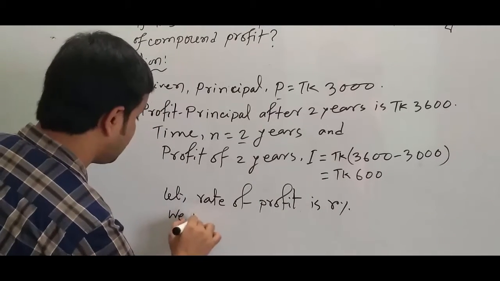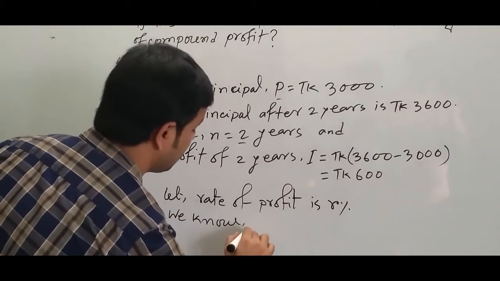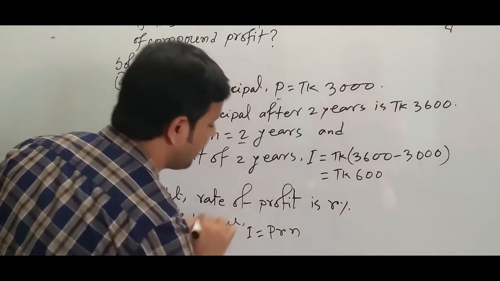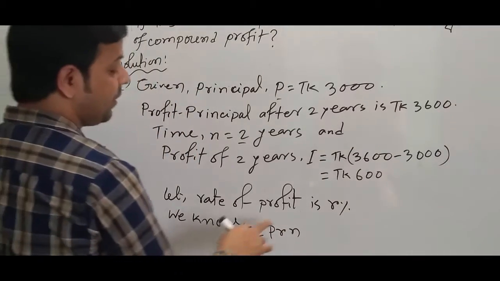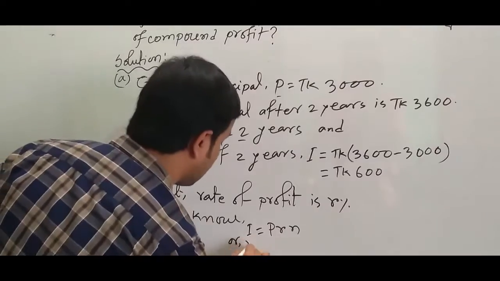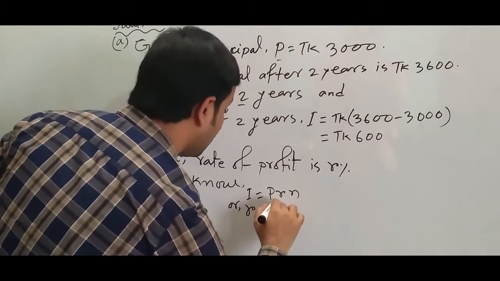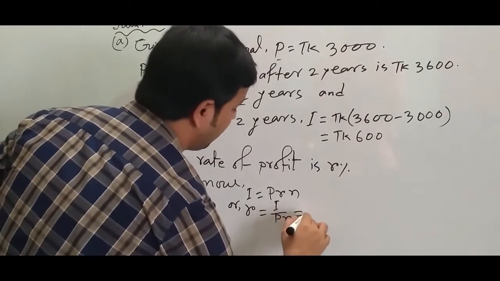We know I equal to PRn. We need to find the rate, so we have to take R equal to I by Pn. Now put the value of I.